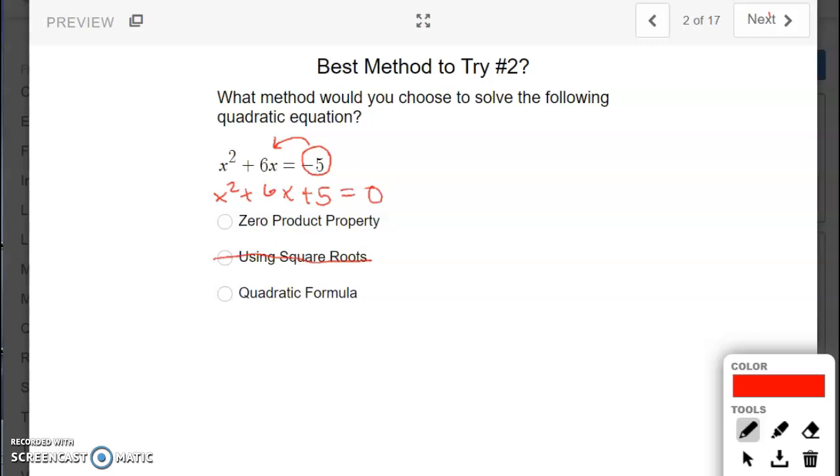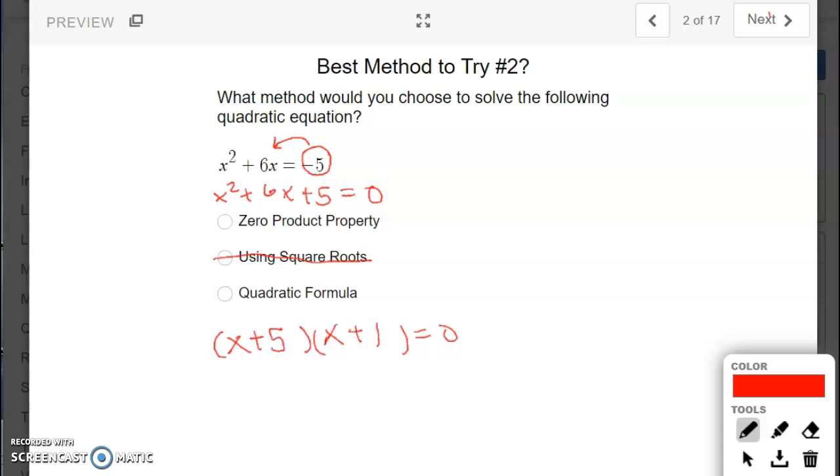Now, can I factor this? That's my easy factoring one, so I can quickly check. I'm looking for two numbers that multiply to positive 5, so it's going to be positive and positive, or negative and negative, that add to 6. So that's going to be plus 5 and plus 1. That was really easy.